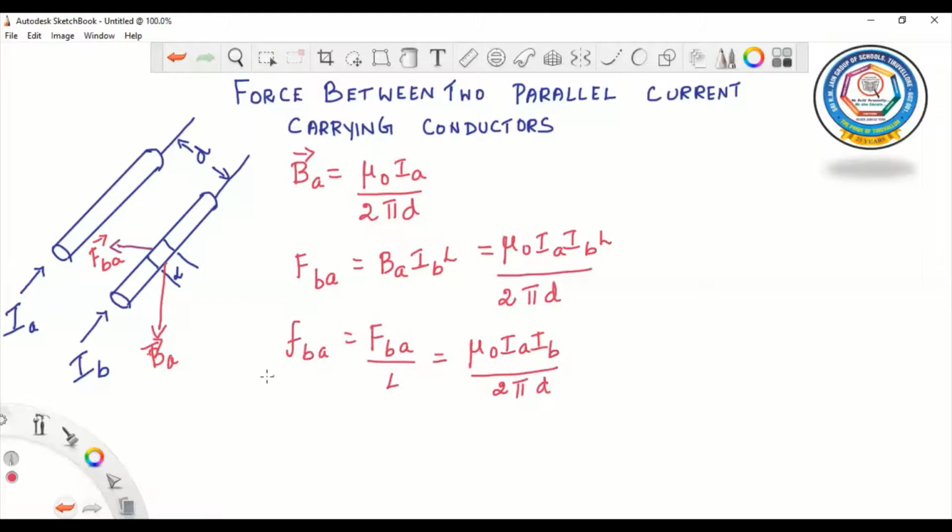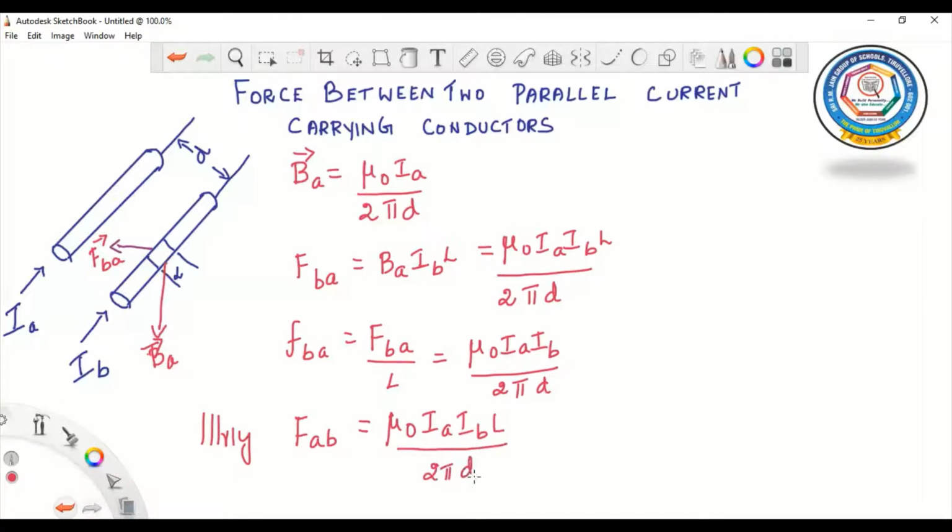Similarly, we can also write FAB, which is the force experienced by the first conductor due to the magnetic field created by the second conductor. FAB is equal to mu naught IA IB into L divided by 2 pi d.